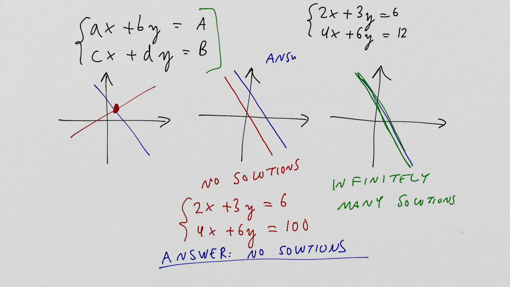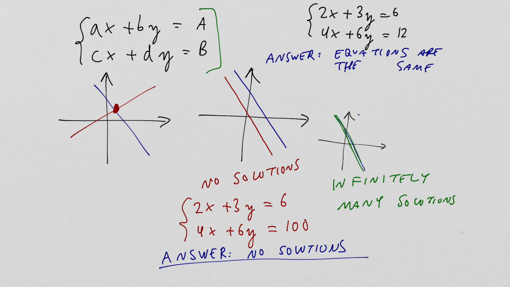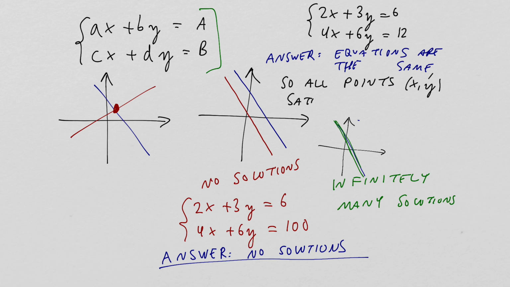In the second case we can tell that the equations are the same, so all points x, y satisfying 2x plus 3y is 6 are solutions.